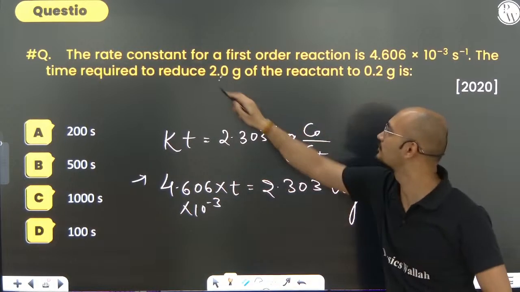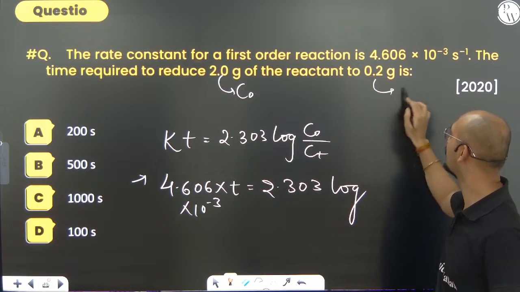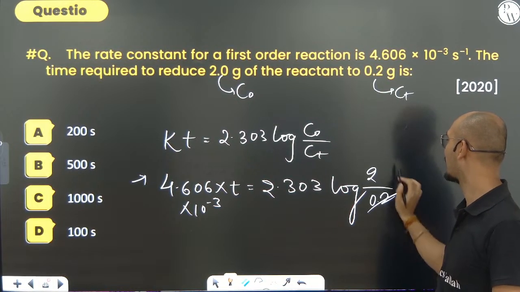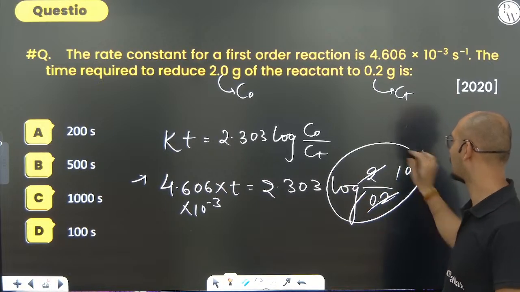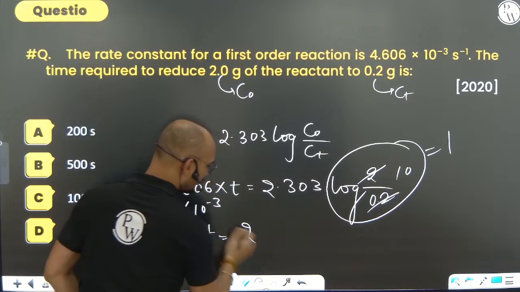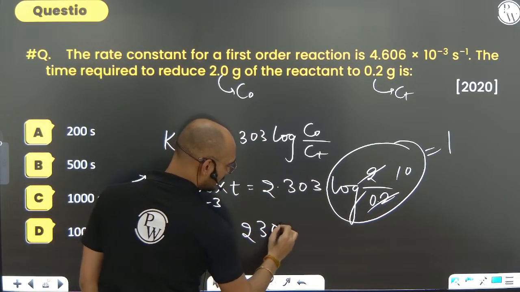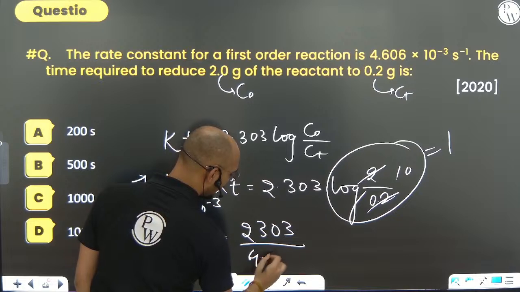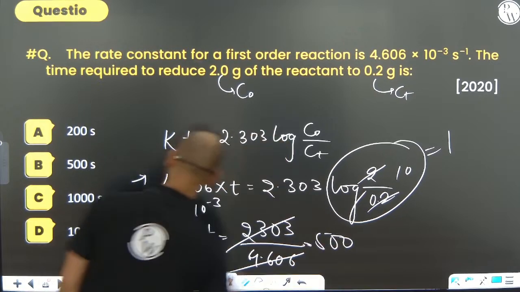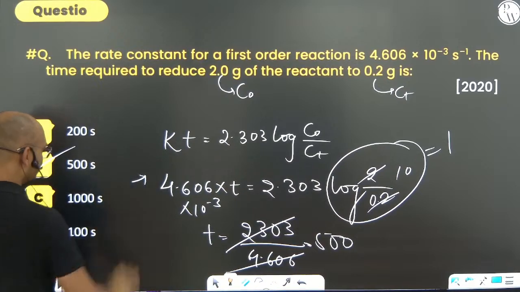C naught is the initial amount and Ct is the amount at time t, so it is 2 by 0.2, which is 10. What is the value of log 10? 1. So t equals 2303 divided by 4.606. Can we cancel it? Yes. I think it is 500 times. Option B. Not a big deal.